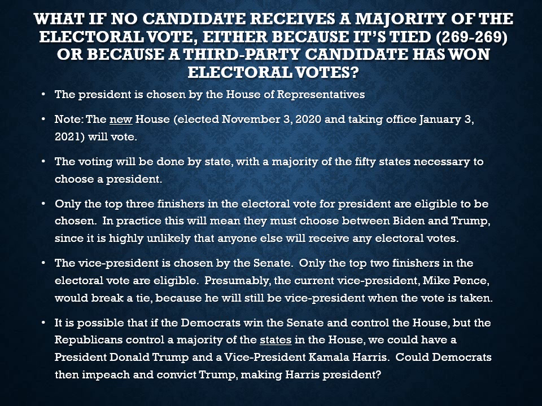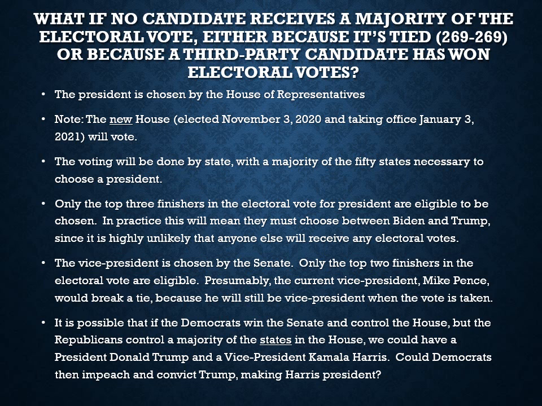Now, if you want to really go out on a limb and get to a bizarre situation, I don't expect this will happen at all, but it's possible that if the Democrats win control of the Senate and control the House, but the Republicans control a majority of the states in the House, we could actually have a President Donald Trump and a Vice President Kamala Harris.